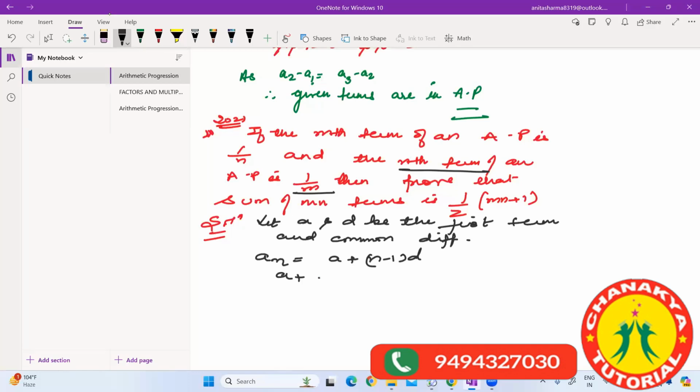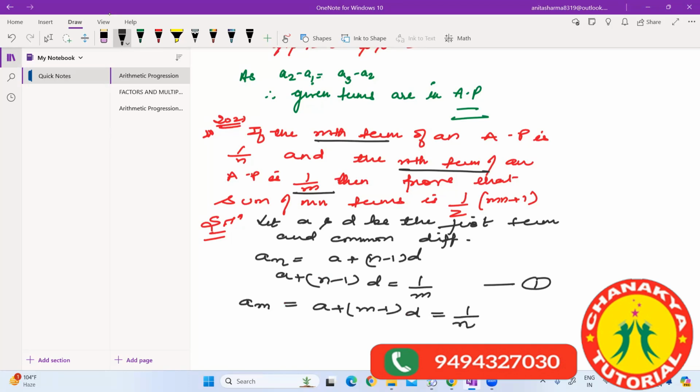So you can write A plus n minus 1 into D is equal to 1 upon m. This is your first equation. Now the first line of your question says the mth term, so instead of n, you will write m: A plus m minus 1 into D, and it is equal to 1 upon n. Got it, beta?